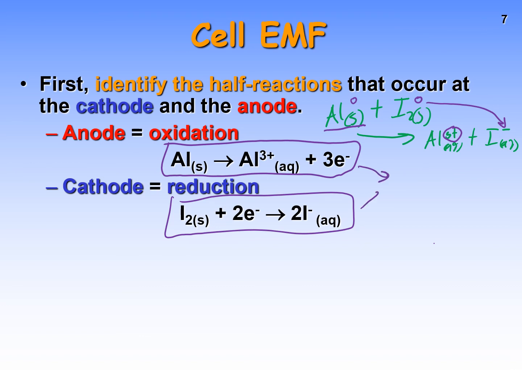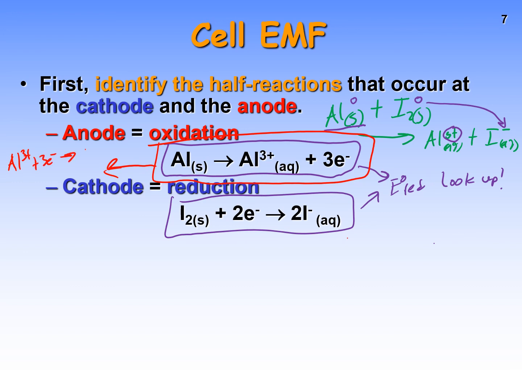I need to go look up the E naught red values, or the reduction potentials. Now, I'm not going to find this reaction in a reduction potential table because this is an oxidation. What I am going to find, however, is that Al3 plus 3 electrons goes to Al solid.